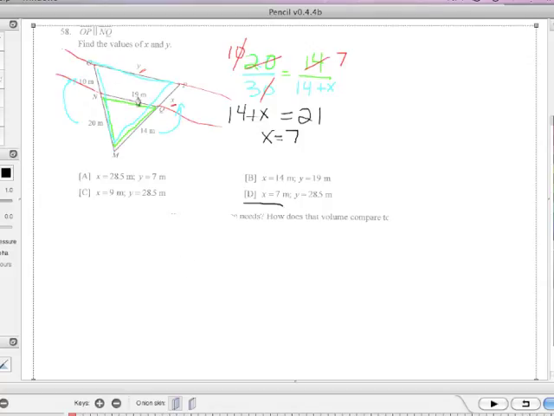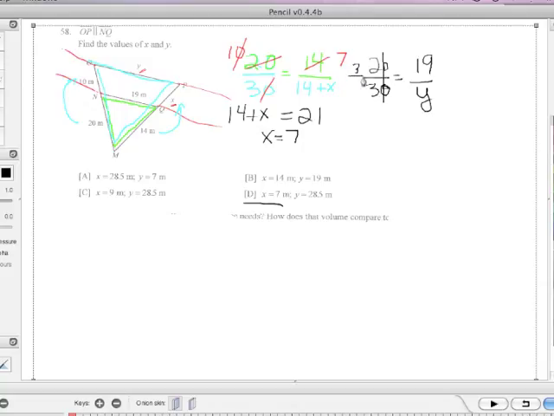But let's get y also. We know that 20 is to 30 as 19 is to y. So let's do that. 20 is to 30, just like this proportion, is as 19, the green triangle, is to y. So, okay, cross those out. 2 is to 3 as 19 is to y.